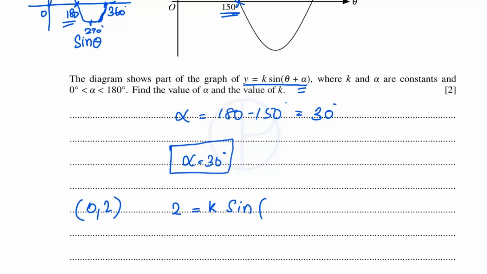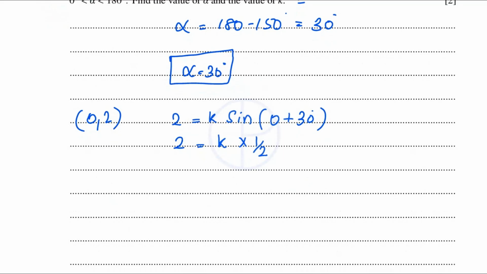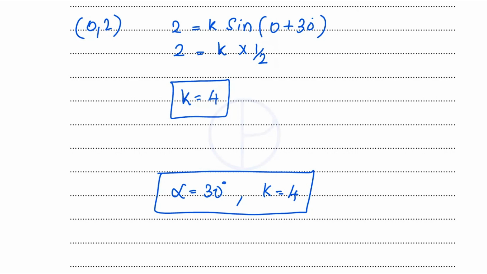So theta is 0 here, alpha is 30. 2 is equal to k times sine 30. Sine 30 is 1 over 2. So k is equal to 4. Alpha is equal to 30 degree and k is 4.